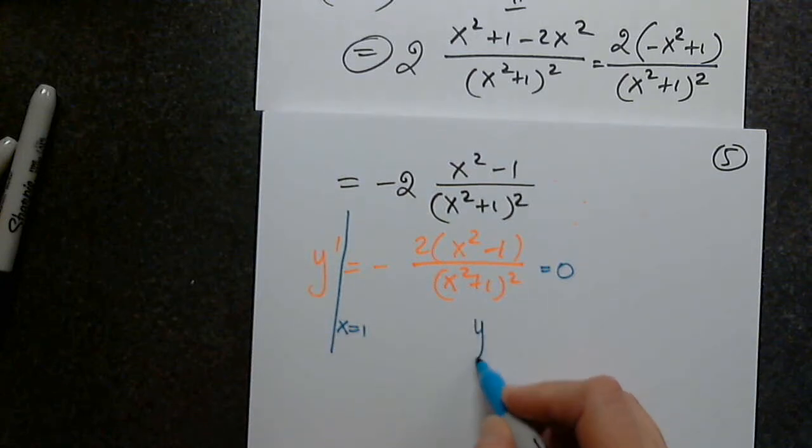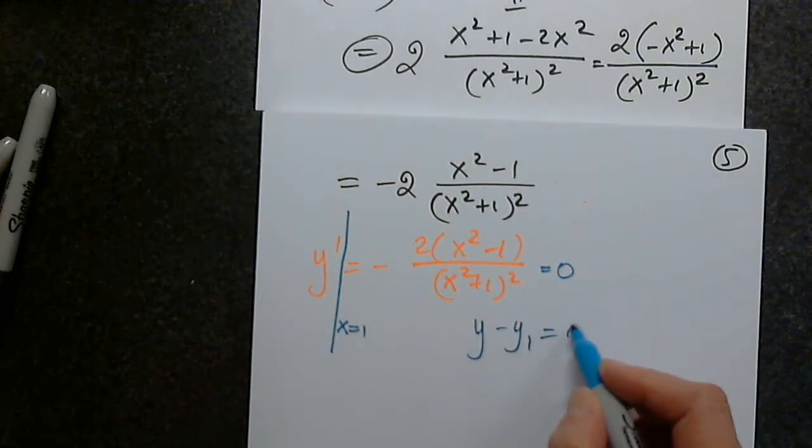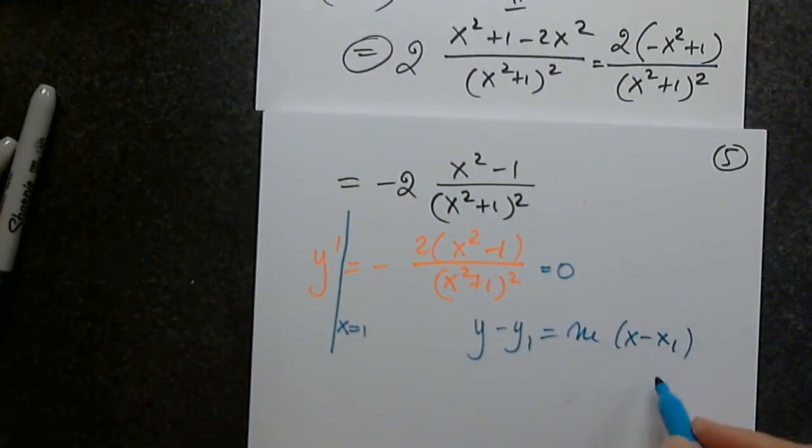Okay, so then I have y minus y1 equals the slope times x minus x1, where this is 1, this is 0, and this is 1. So y minus 1 equals 0, which means y equals 1.